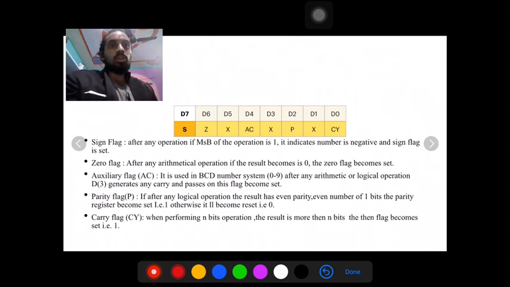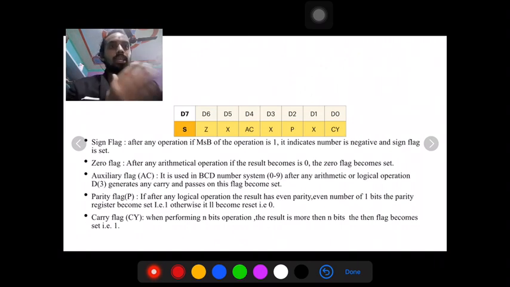Now let's come to the parity flag. After any logical operation, if the result has even parity, that is an even number of 1 bits, then it is set to 1, otherwise 0. This is your parity flag.